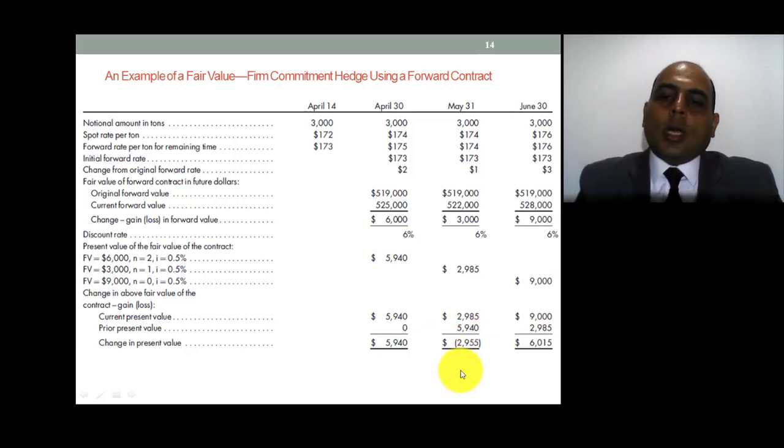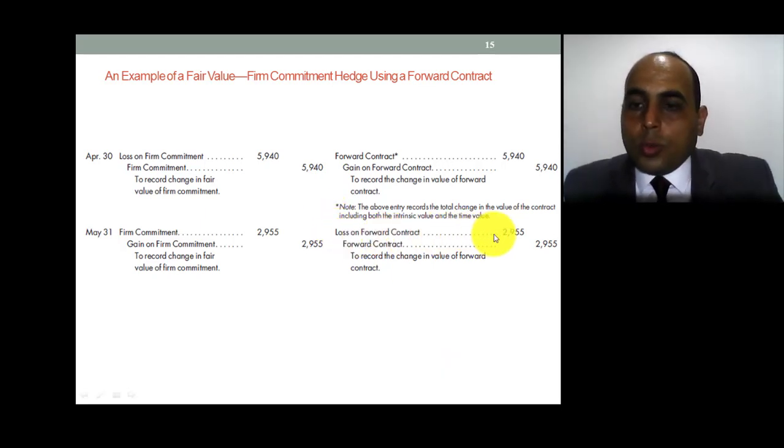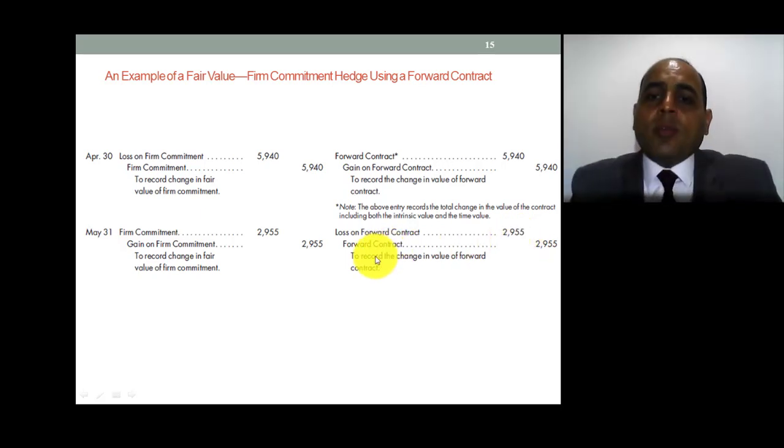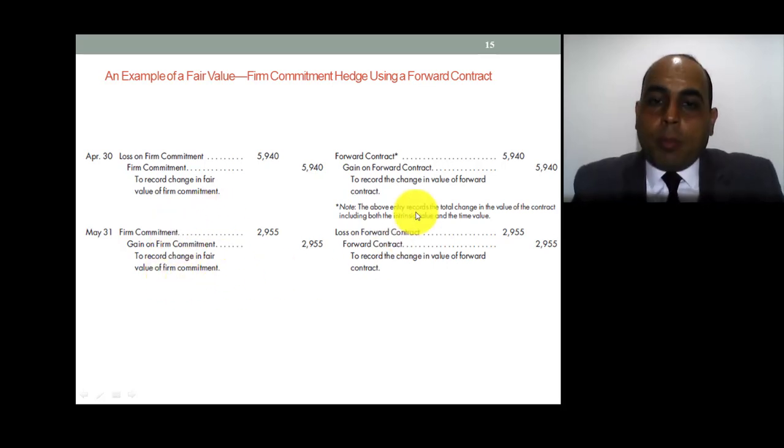So here we are talking about 2,955, the amount of loss. Loss on forward contract 2,955. Forward contract will be credited by 2,955. As we provided commitment to sell this amount of goods, by the same amount we have loss. We have gain.